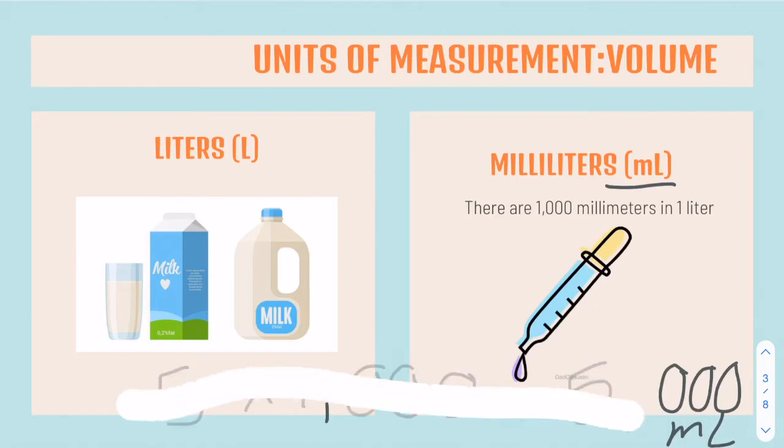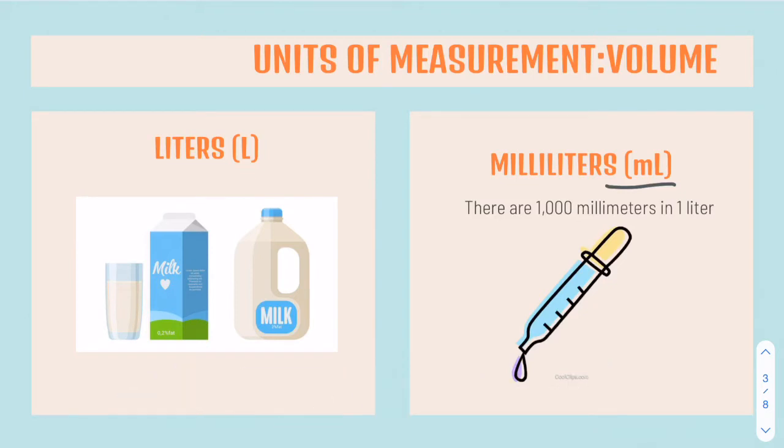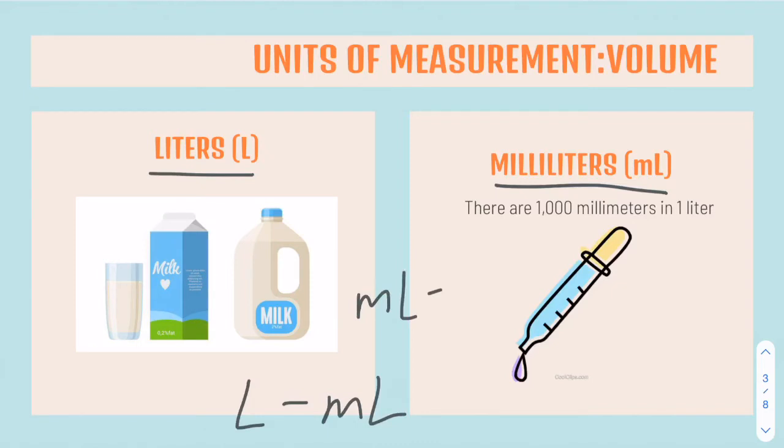They will also ask you how many more liters or how many more milliliters are in this container. When you have problems like that, you just need to make sure that your units are the same. You cannot do liters minus milliliters or milliliters minus or plus liters, either one.